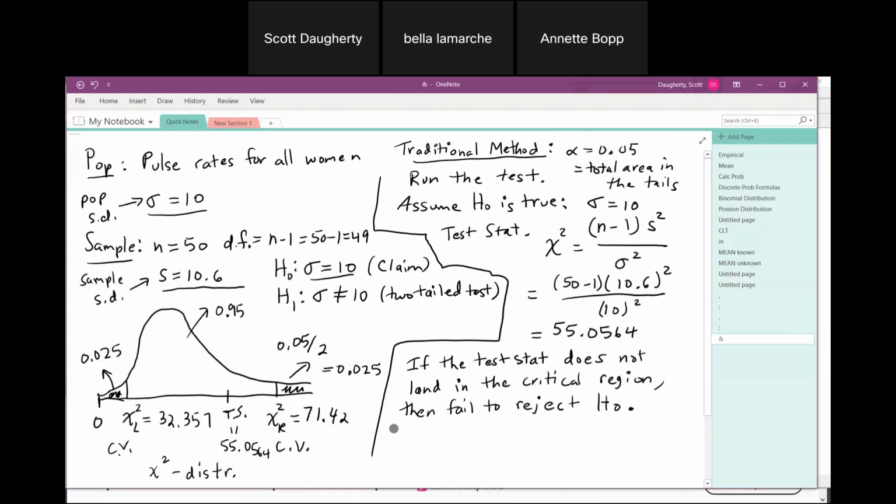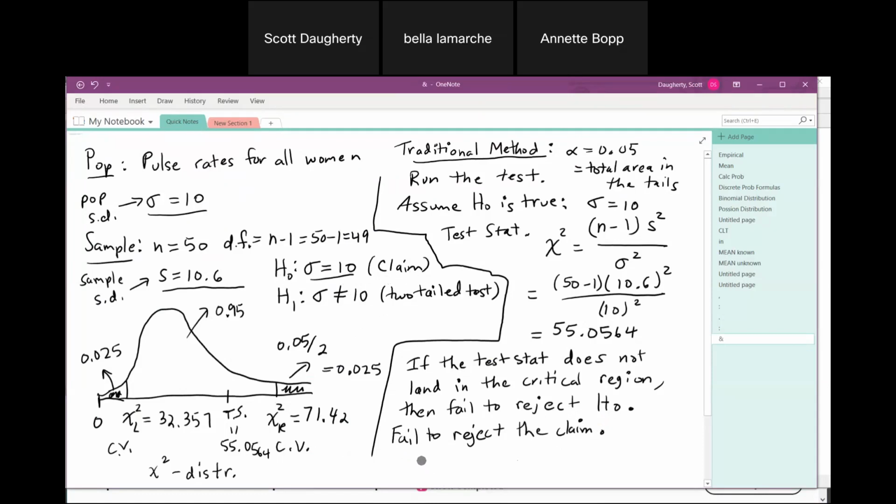So in non-sophisticated words, you could just say, if you wanted to, fail to reject claim as a conclusion, right? Failure to reject null is the same as saying failure to reject the claim if the claim and the null are the same thing.